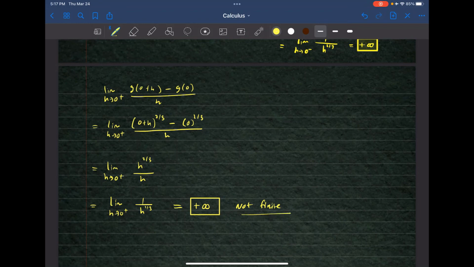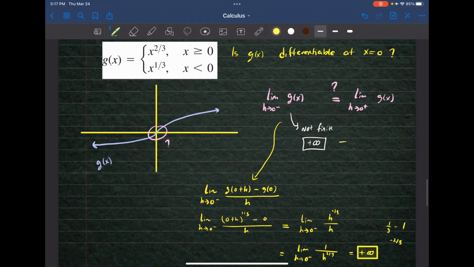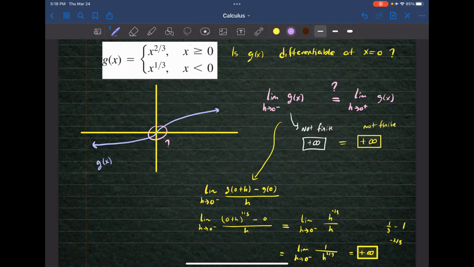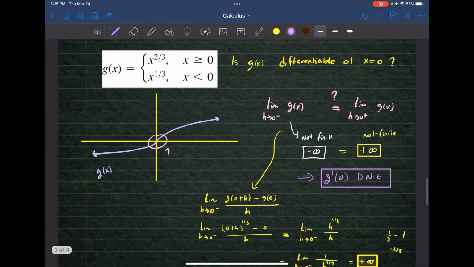So we can conclude that although they're both equal, they both happen to be plus infinity, they're not finite. So because the limits are not finite, we can conclude that there is no derivative at x equals 0. So this means g prime at 0 does not exist, because the right-hand derivative and left-hand derivative are equal, but they're not finite.